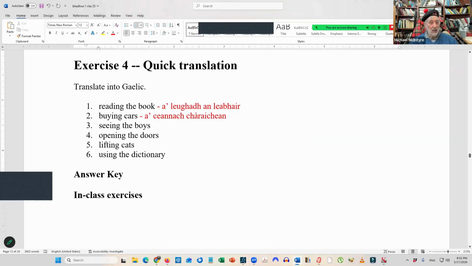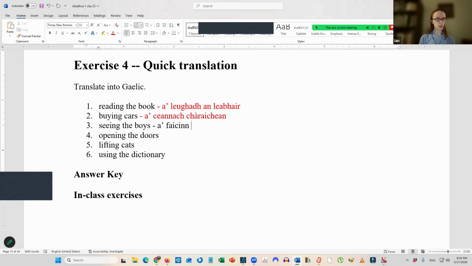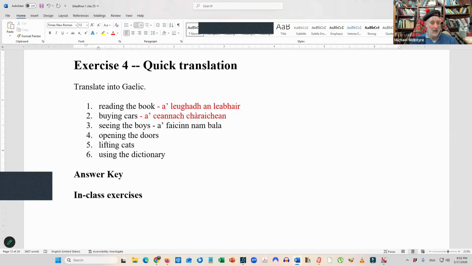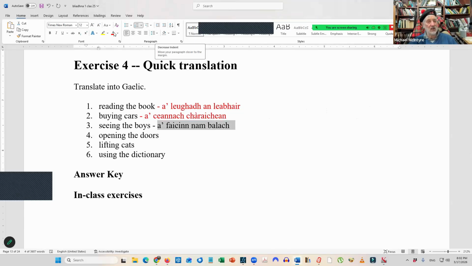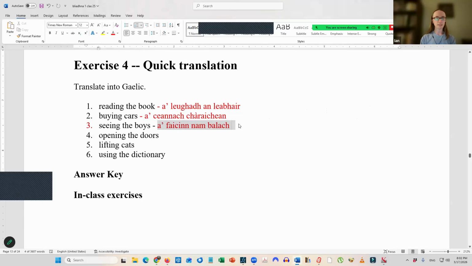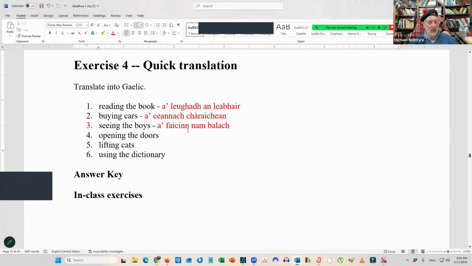Okay, there you go. Seeing the boys. A fechin nam balachen? Nam balak. Nam balach. Oh my gosh, I gotta drill my genitive plurals because that's what's tripping me up here. Because balak pluralizes with this internal slenderization: balik. Yes, that's right. But non balik. Opening the doors. A fosluch.